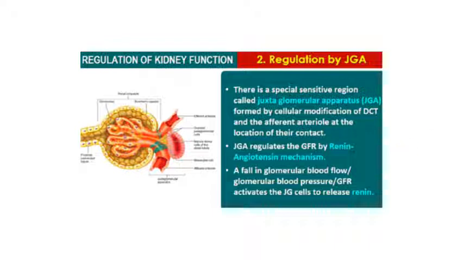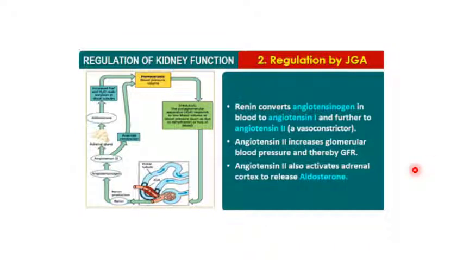So this renin will now convert angiotensinogen in blood to angiotensin 1 and further to angiotensin 2, which is a vasoconstrictor. So it will cause vasoconstriction. This angiotensin 2 increases the glomerular blood pressure and it increases the flow rate also. So this activates the adrenal cortex to release aldosterone.